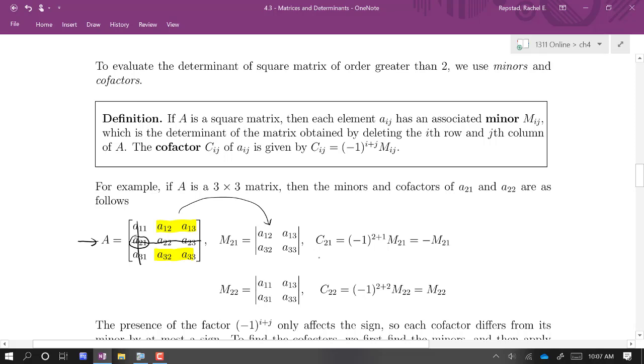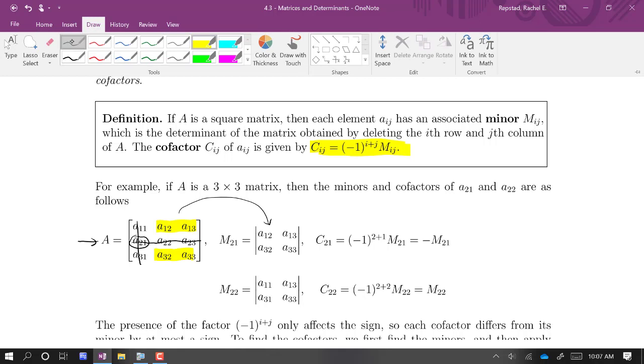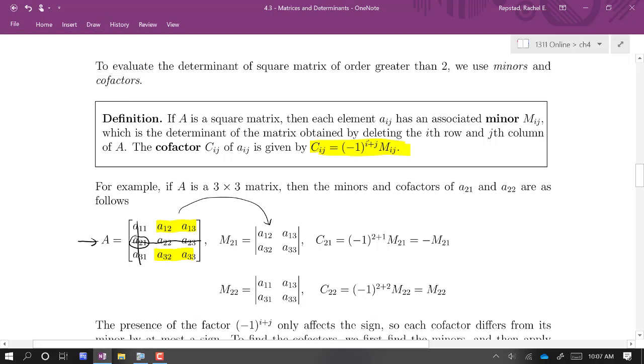Now the cofactor, in the definition here, is given by negative 1 raised to the i plus j multiplied by the minor. Basically, it's just whatever that minor is, and then it'll either be the same sign as the minor or a different sign. Negative 1 to the i plus j is either going to be positive 1 or negative 1, depending on whether that exponent ends up being even or odd.